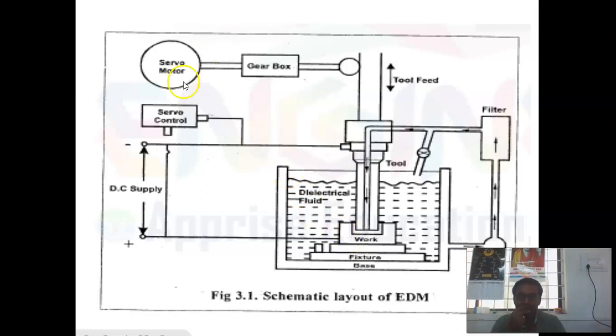When the DC power supply is on, an electric spark of about 10,000 degrees Celsius is produced between the tool surface and the workpiece material. As heat is generated between the tool and the workpiece, the metal gets vaporized and the final shape can be attained. The function of the servo motor and gearbox is to move the tool according to the required shape.